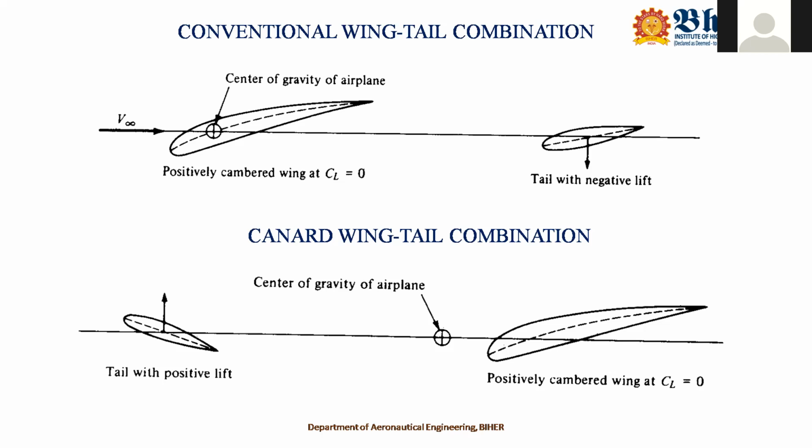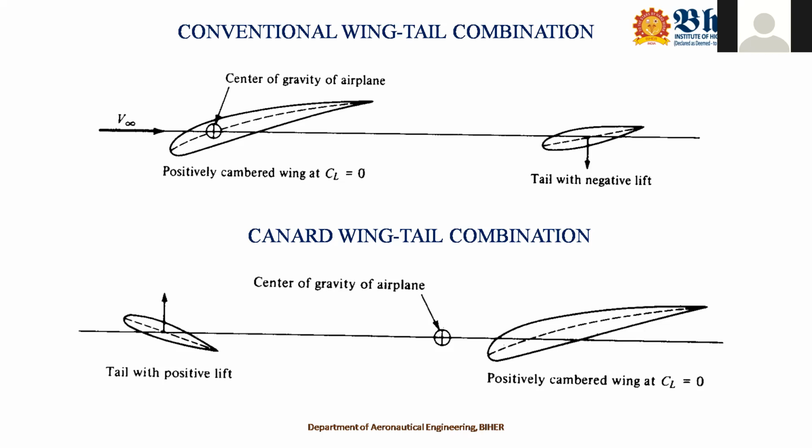Your center of gravity will be somewhere ahead of the tail, so it should move in the clockwise direction. When it is strong enough to overcome the moment about the aerodynamic center, which is actually negative, then the combination of the wing and the tail can get the positive value of Cm naught.